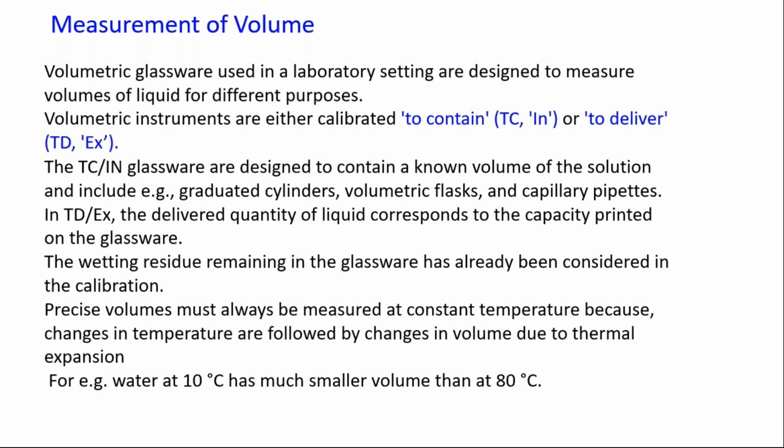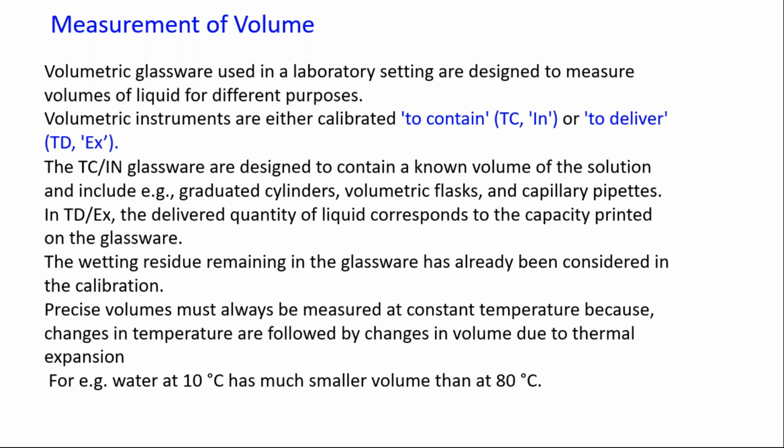So precise volumes must always be measured at a particular temperature, because volume varies with the temperature. Either there can be thermal expansion or thermal contraction. So whenever you do a volumetric measurement, the temperature must be measured and indicated.